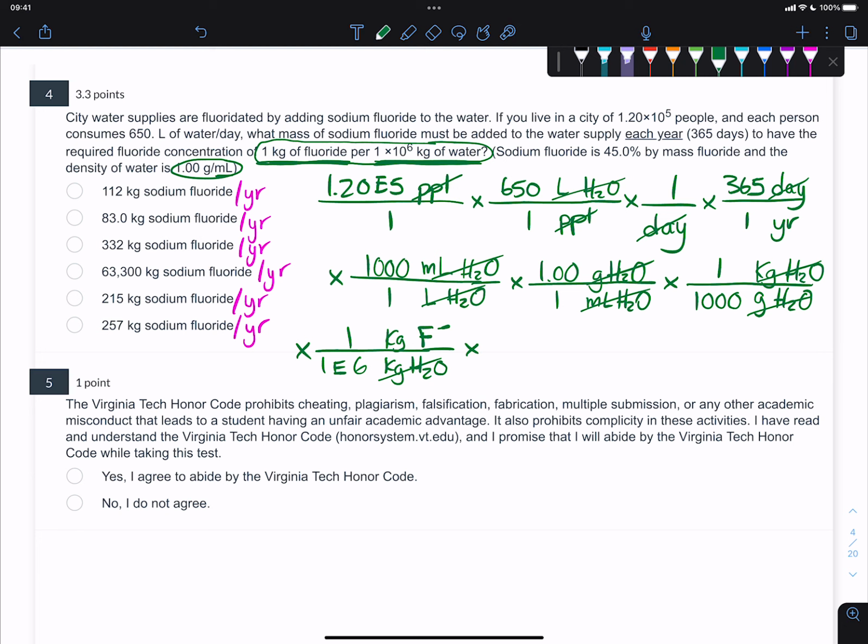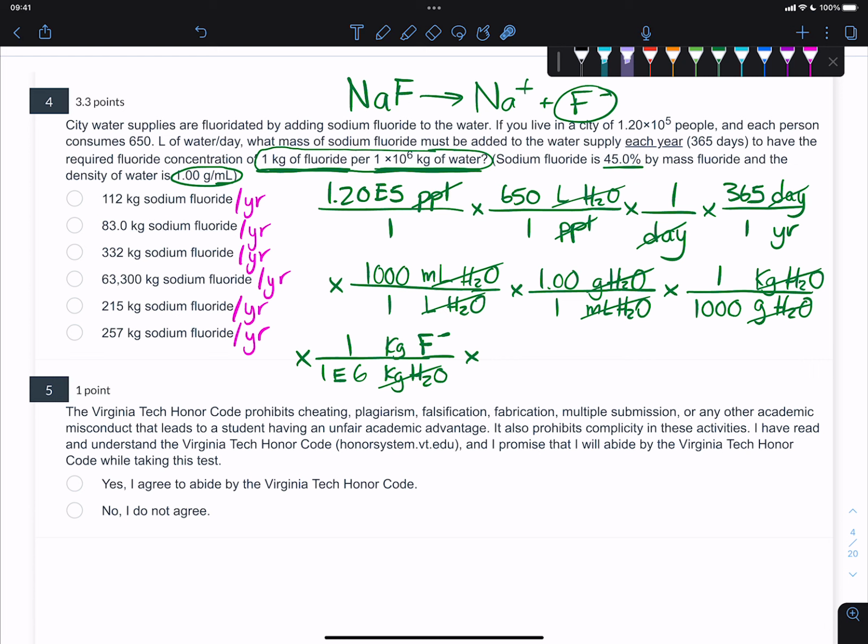This is not really testing your knowledge of percent composition or percent by mass, but it's helpful to know that if you were to drop one big 100 kilogram chunk of sodium fluoride, which is a solid, into water and it completely dissolves, this 100 kilogram chunk is going to only become 45 kilograms of fluoride ions floating around.